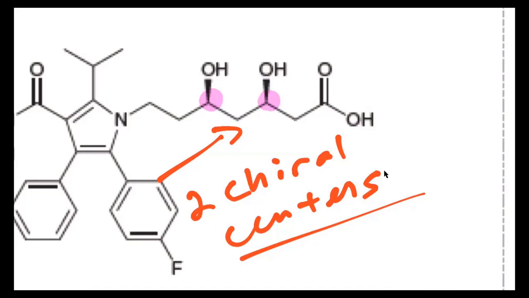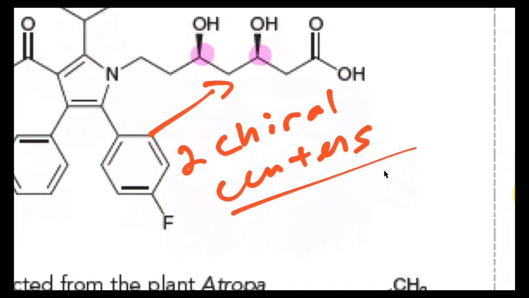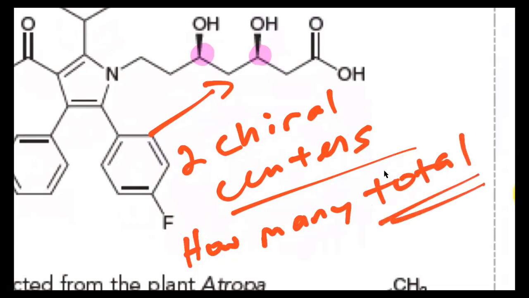So now the question is, and this is a question that every synthetic chemist has to grapple with when they're making stuff like this: how many total stereoisomers are possible?